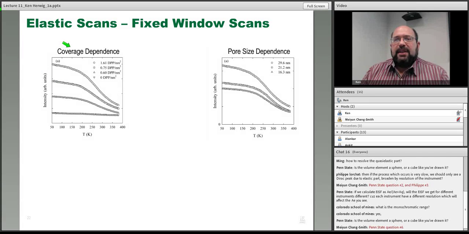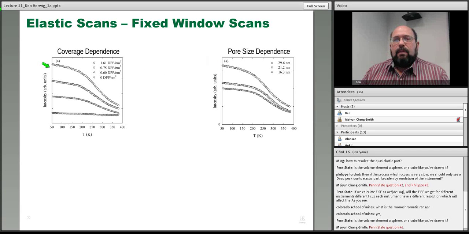So I've got two what we call elastic or fixed window scans that were done on the high flux backscattering spectrometer at NIST. One where we looked at the number of DPP molecules that were attached to a relatively large pore, and over here where we changed the pore sizes and we attached as many molecules as we could to the surface.